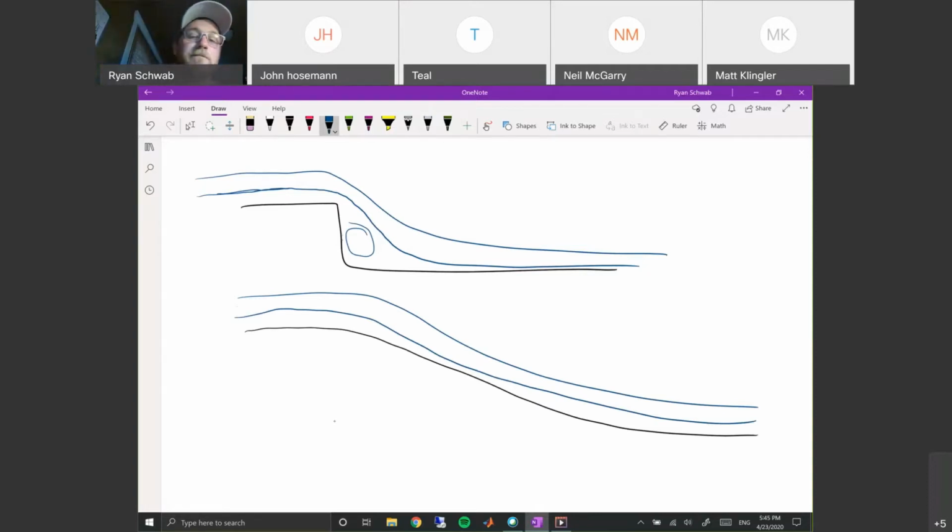Now, the reason it wants to do that is you can imagine that as this fluid is extending out away from this shelf, it's pulling away from that shelf, meaning, like we said with our pressure earlier, if we're pulling that away, we're looking at a low pressure region, which is going to bend it back down.